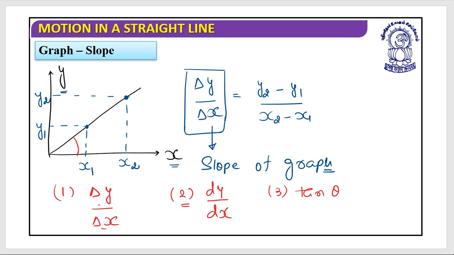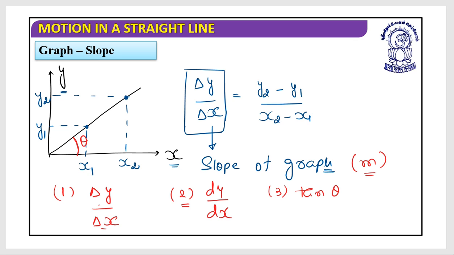We always consider in physics the anti-clockwise direction as positive and the clockwise direction as negative. So this is my angle theta. I need to calculate this from the x-axis, which generally we take as the reference axis, and then move in the anti-clockwise direction. So this is tan theta. The slope of the graph would be denoted by small m. Small m is the symbolic representation of the slope.